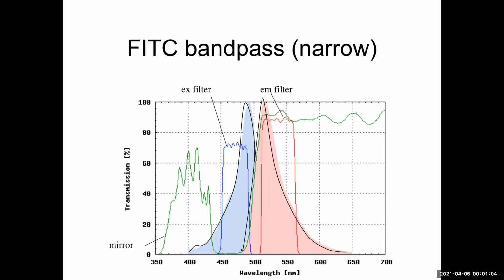Or in this case, you can collect not quite all the possible colors that are going to come off of your specimen, but you're collecting most of them. And the colors you're missing are really dim anyway. So you're doing a pretty good job by our standards. This is a decent filter set. Nothing wrong with it. It's pretty average. And the emission is a narrow bandpass.